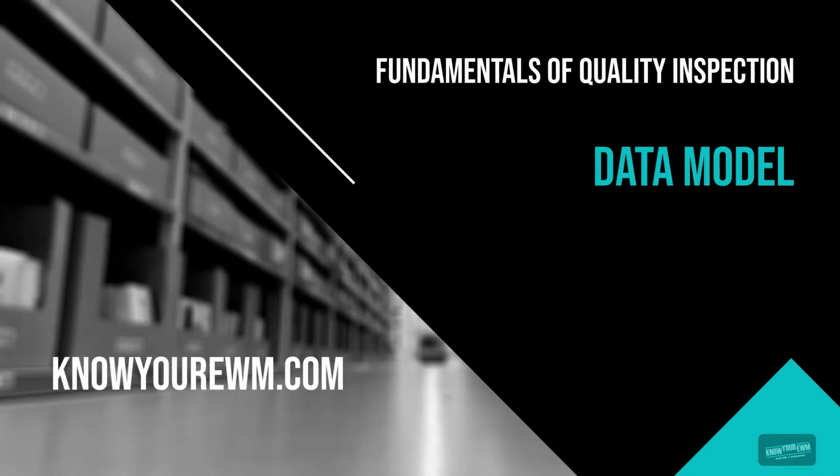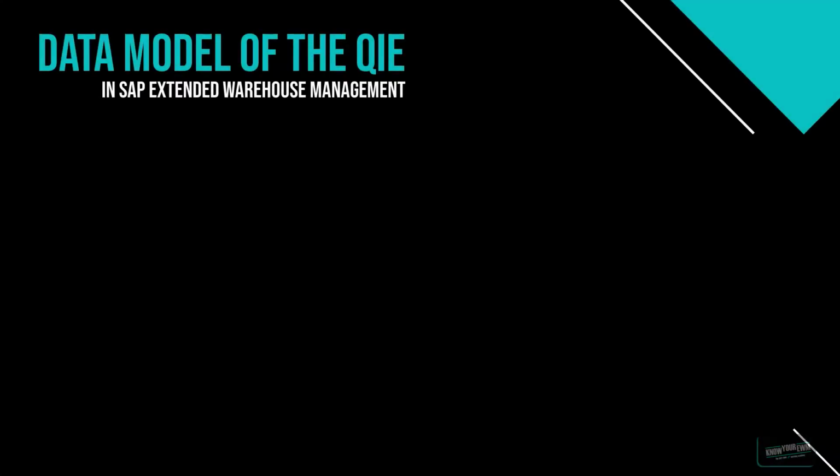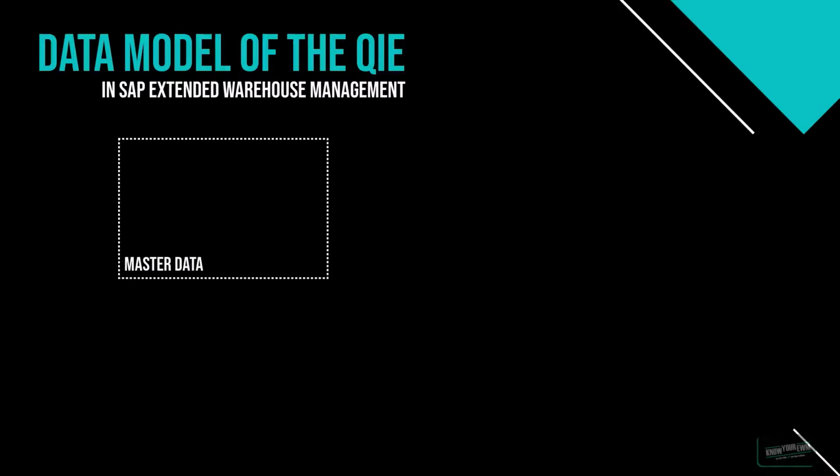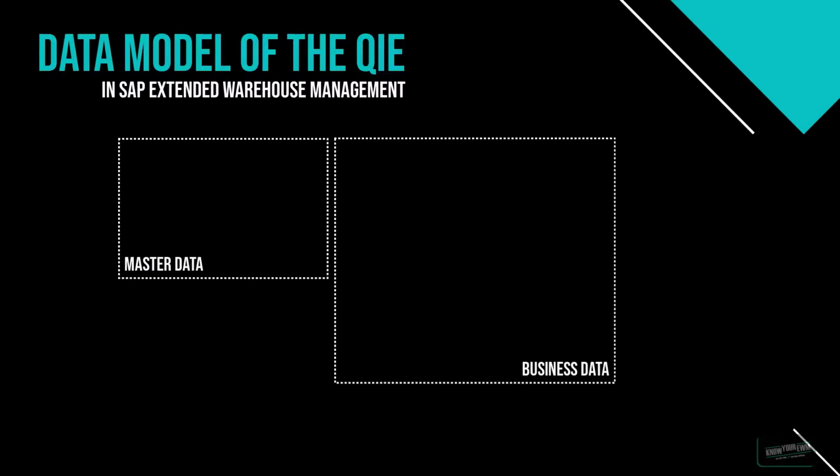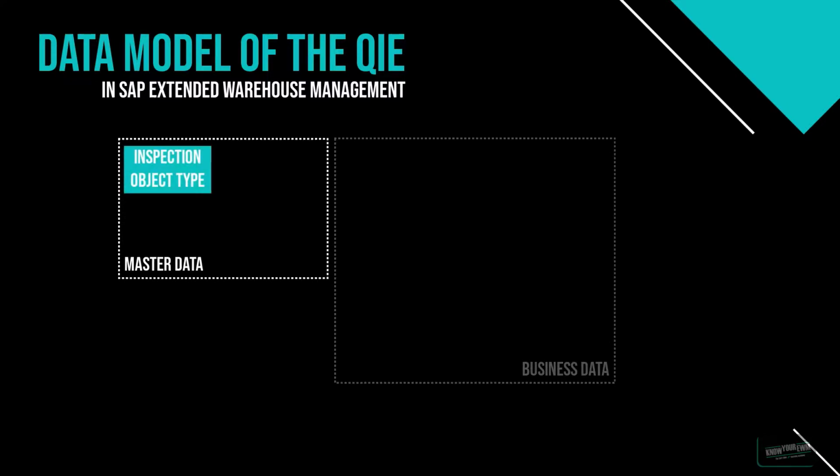Data model. The Quality Inspection Engine in SAP EWM is set up in two separate data types. We have master data and we have business data. First of all, we need to set up the so-called inspection object type, or short form IoT.